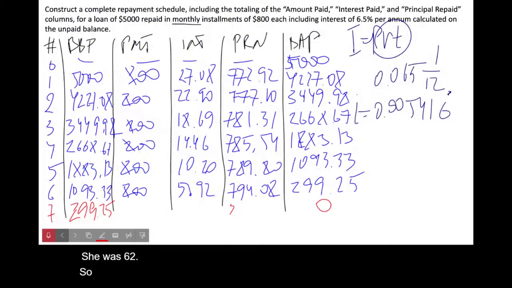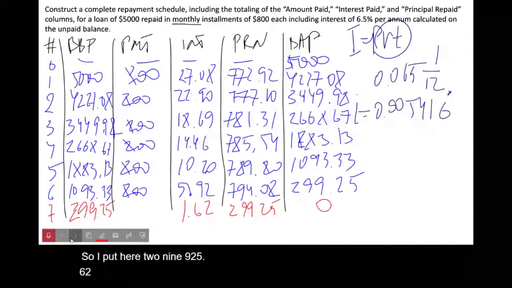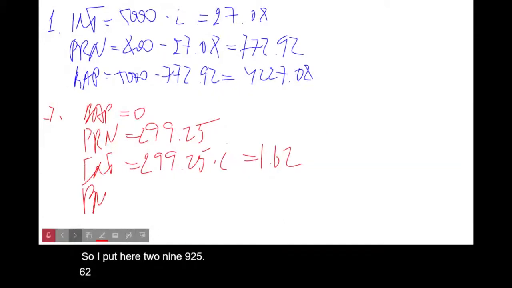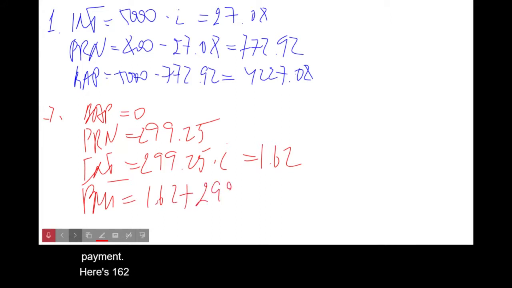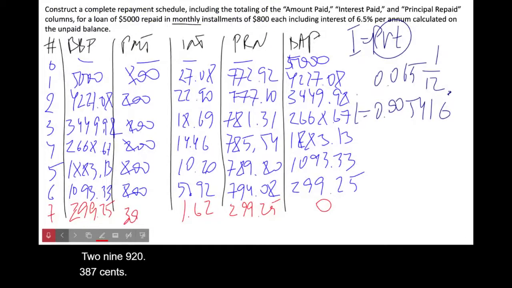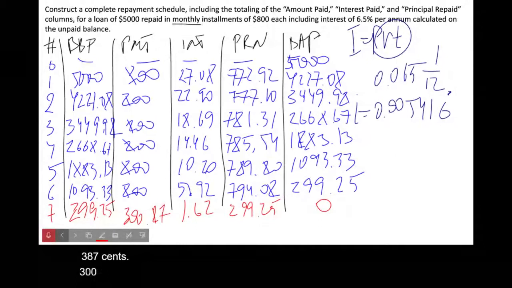So I put here 299.25 and 1.62. And payment is 1.62 plus 299.25, which is 300.87.